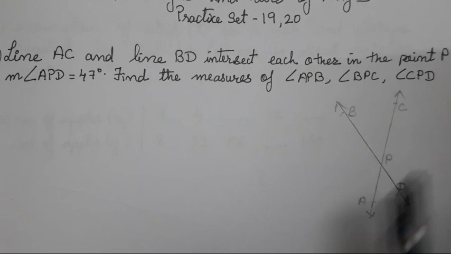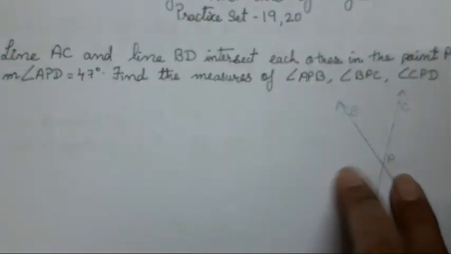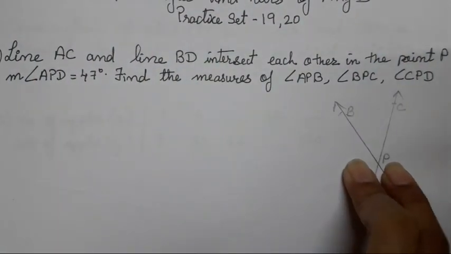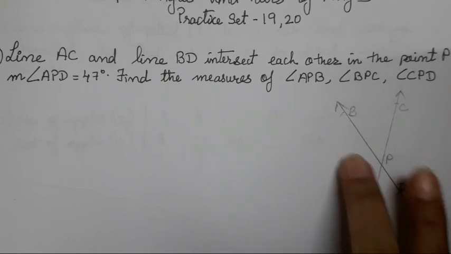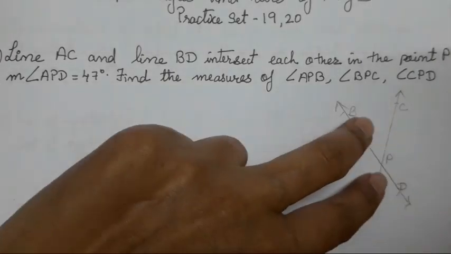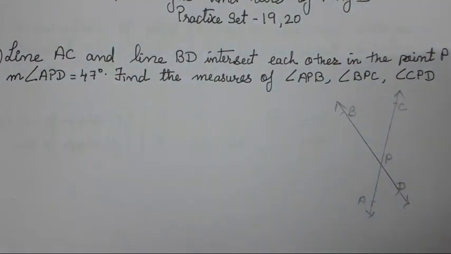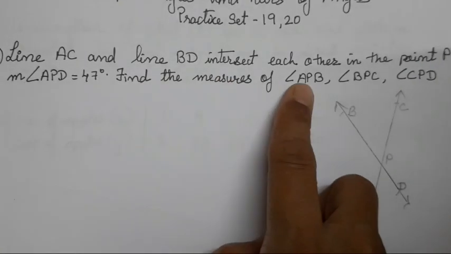Opposite angles जो होते हैं ऐसे वाले angles, these angles are said to be vertically opposite angles. So these vertically opposite angles की property होती है that they are equal always. Remember that. Now how you all have to find the angle, find the measures of these angles.